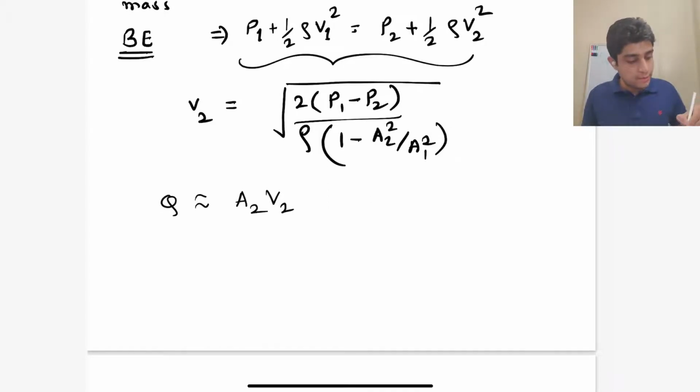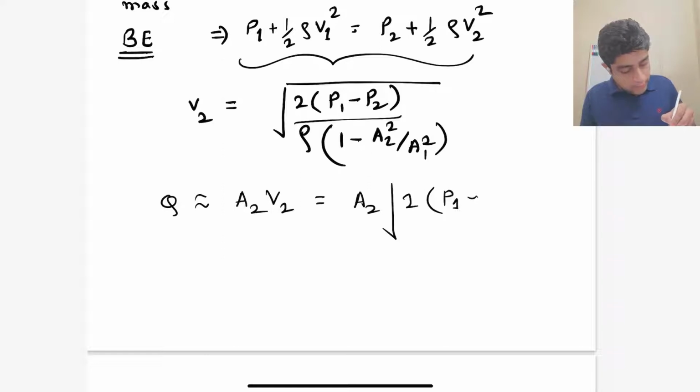So this gives us an approximate value for the flow rate, which is just area times the velocity at point 2.